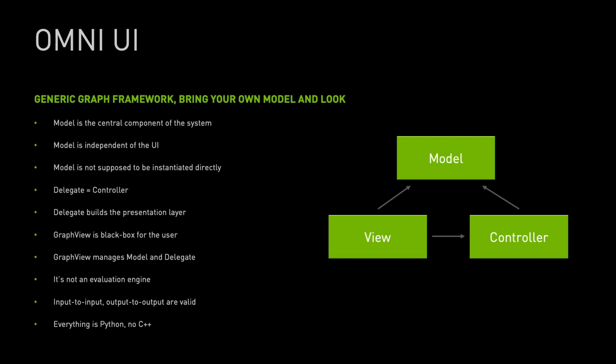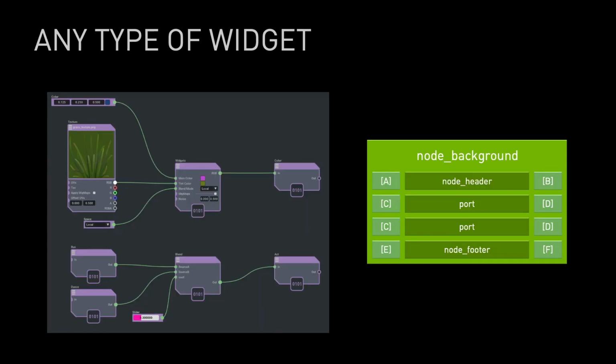There is a default look. That's the look that we've seen in the previous slides for the node. But here again, you have full flexibility to write a programmable look. So here, I just want to show a little bit of how that's structured. The nodes themselves are templated nodes with entry points. So you have a node background, a node header, node ports, and a node footer.